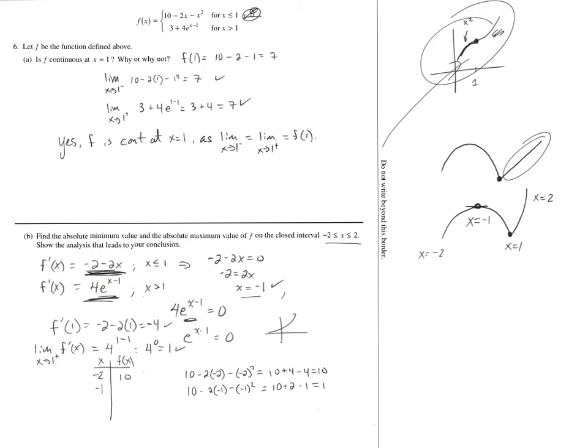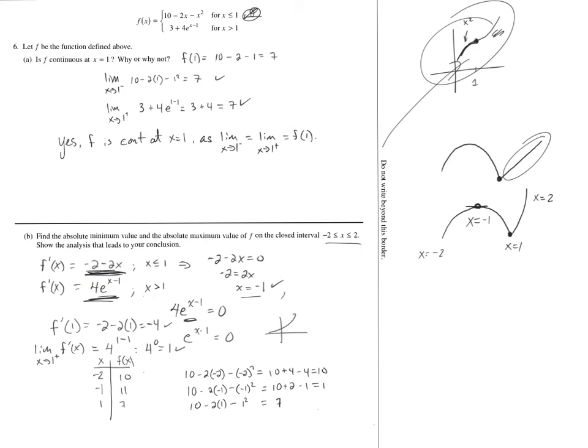And then, so we have 11 there. And let's see, at 1, which is our next critical number, the function is still valid, so we're still using the polynomial. So 10 minus 2 times 1 minus 1 squared, which is 10 minus 2 minus 1, which is 10 minus 3, which is 7.